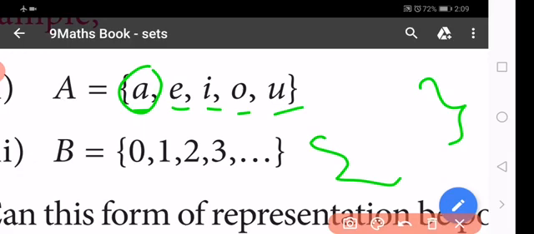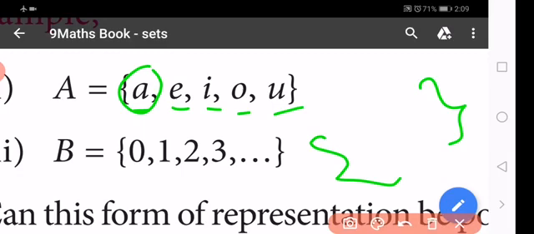But our strength is 100 students. So if we use each element within the roster form only once, that means the elements in a set should not be repeated.